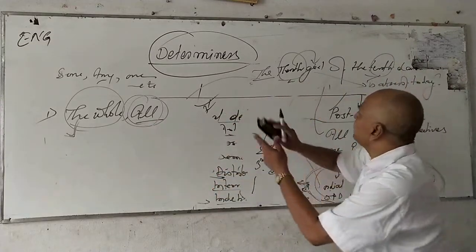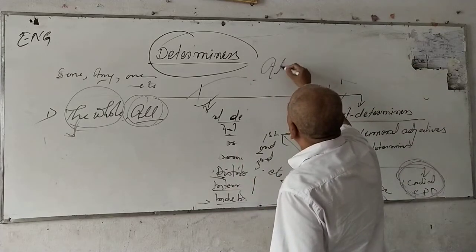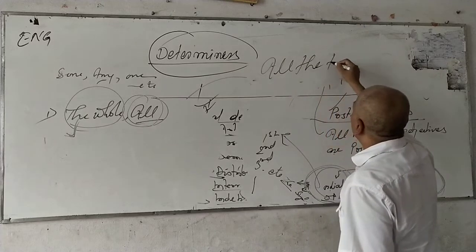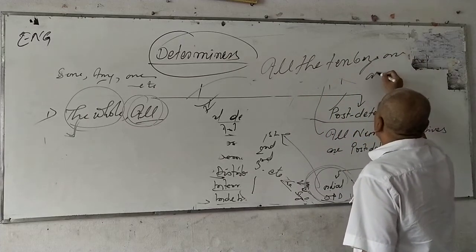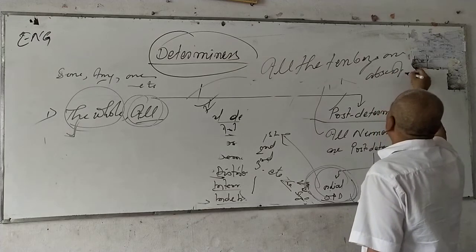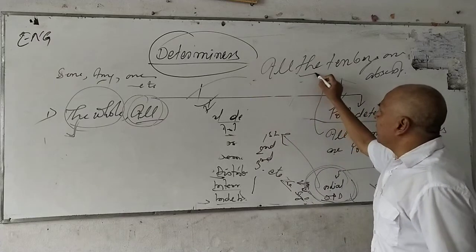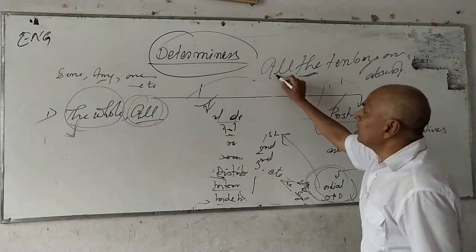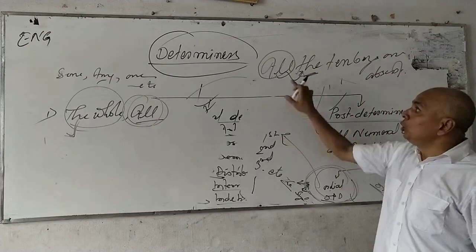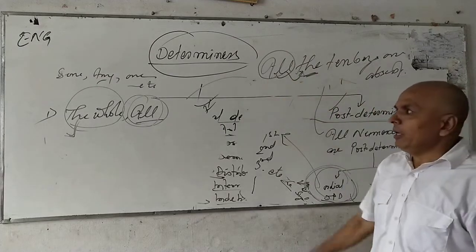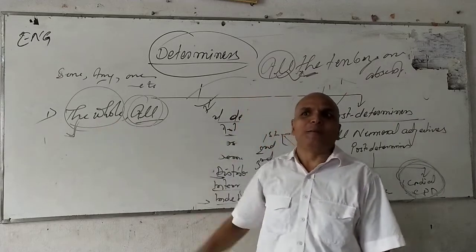As for example, all the 10 boys are absent. Here in this example you can see I have used the article the after all, not before all. But with the whole, the is before whole.